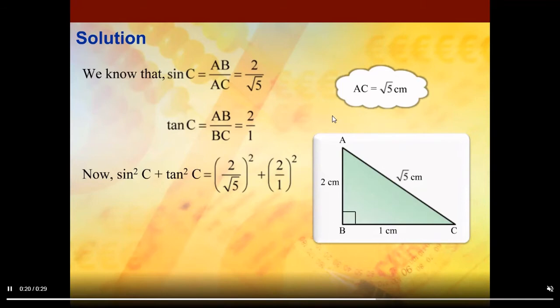So further simplifying, we will get 4 upon 5 plus 4, and after taking the LCM and solving, we will get 24 upon 5 as the answer.